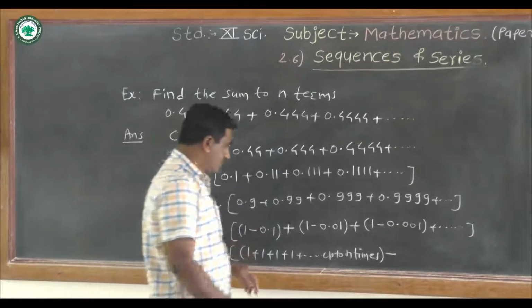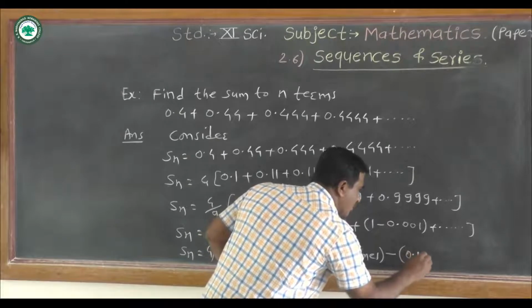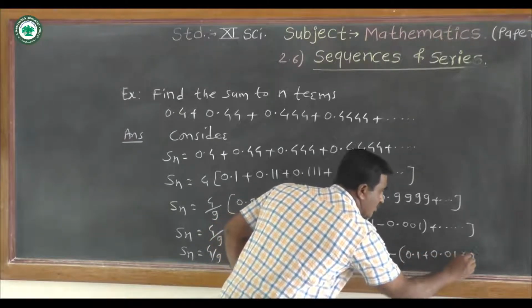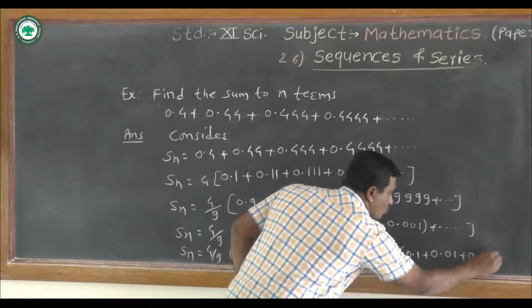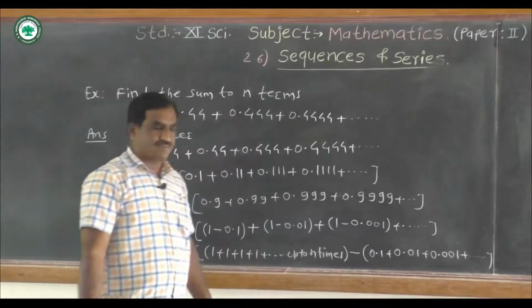Taking minus sign common, we can write here 0.1 plus 0.01 plus 0.001 plus so on up to n terms.